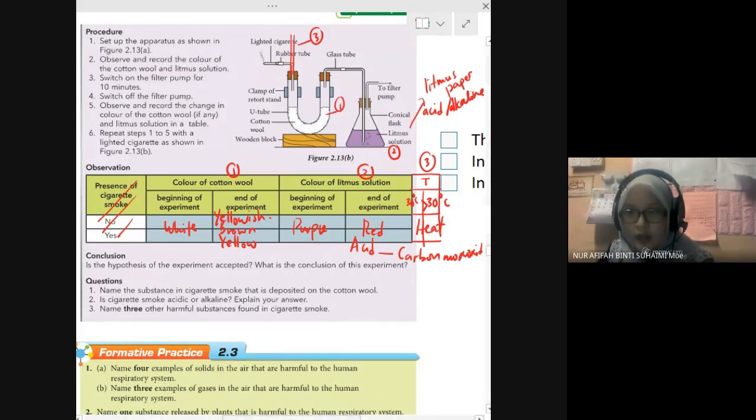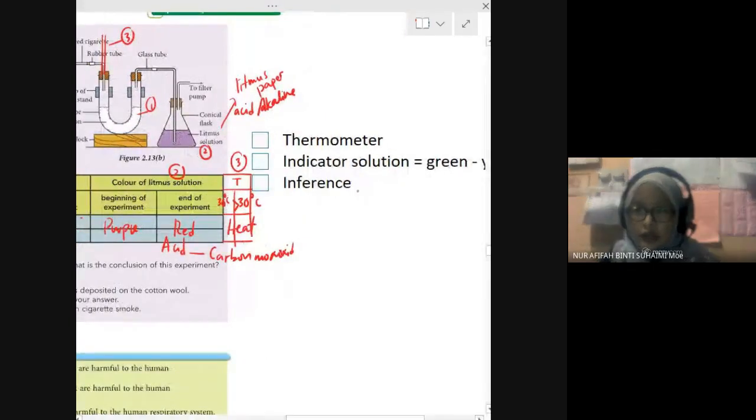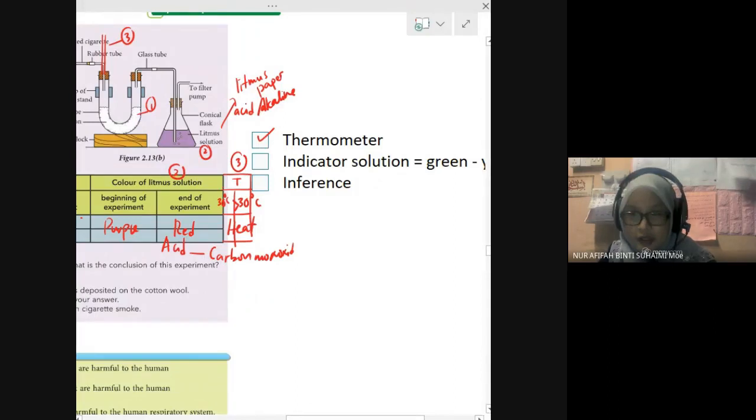Now, here we add a thermometer. What if the experiment replaces the litmus solution with indicator solution?